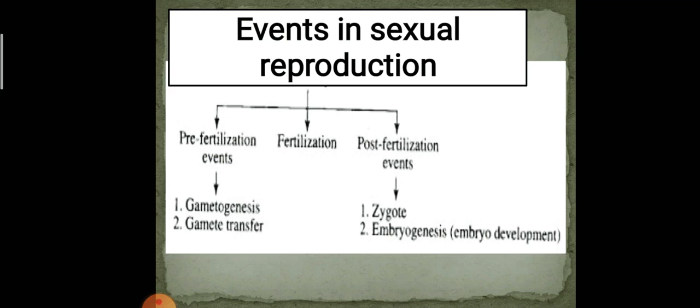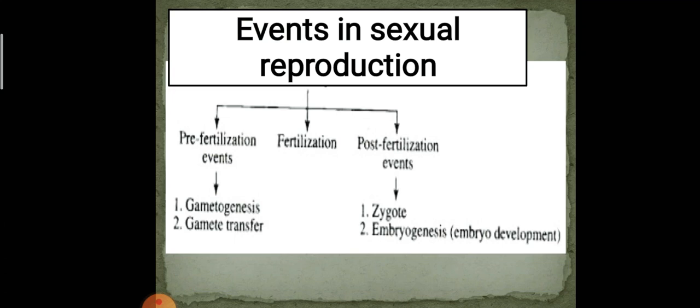In flowering plants, these gametes are immobile, non-motile, and because of that, the gametes require a transfer. In this PPT, we will discuss only a single event, that is the pre-fertilization event, and from that only one part, gametogenesis.